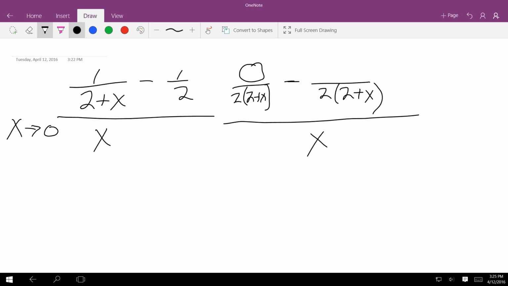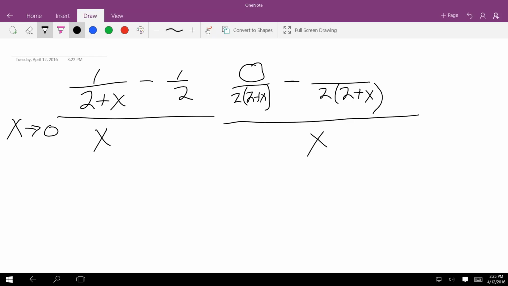Remember, I cannot change the fraction. I still have to end up with 1 over 2 plus x. What number would cause that? The way you get it is you take this denominator, divide it into your common denominator.